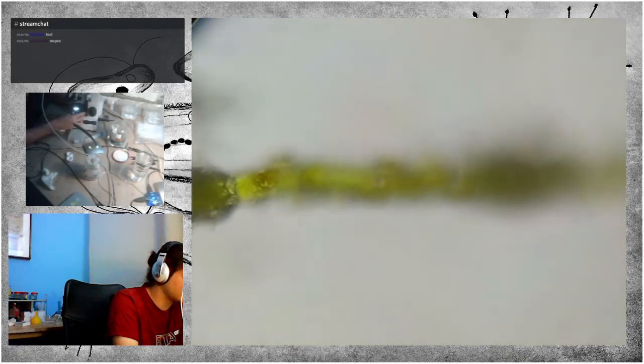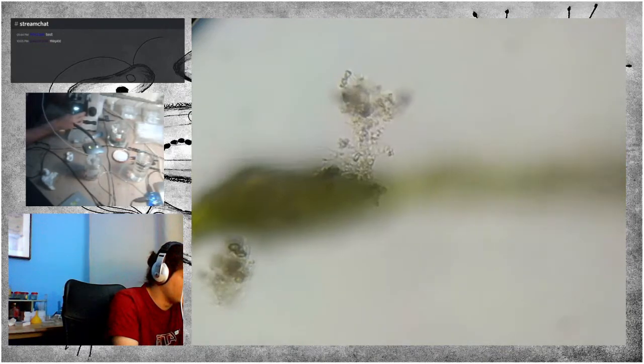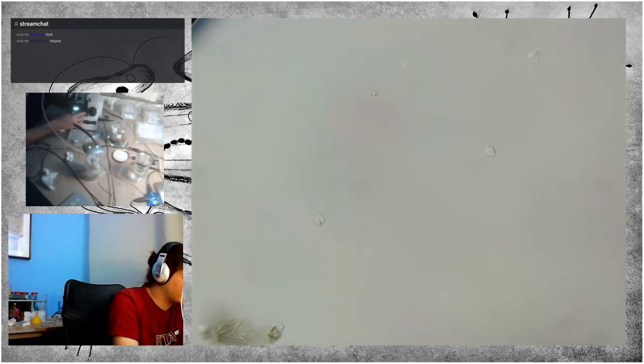Now, I don't know either the species of those ciliates or the genus, but it's awesome to see them in the middle of conjugation.